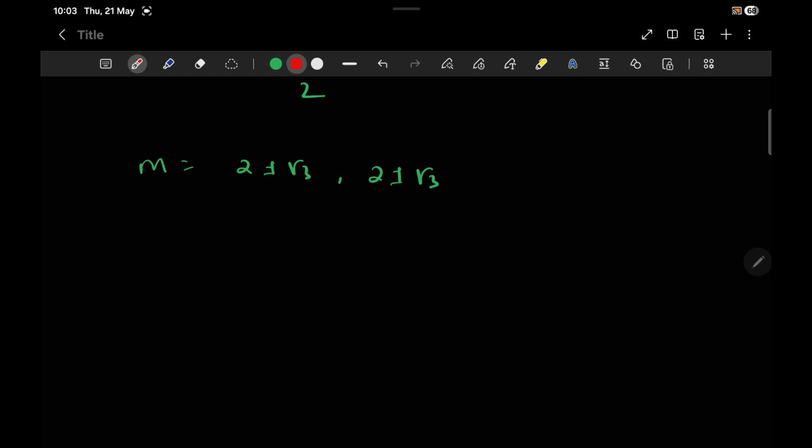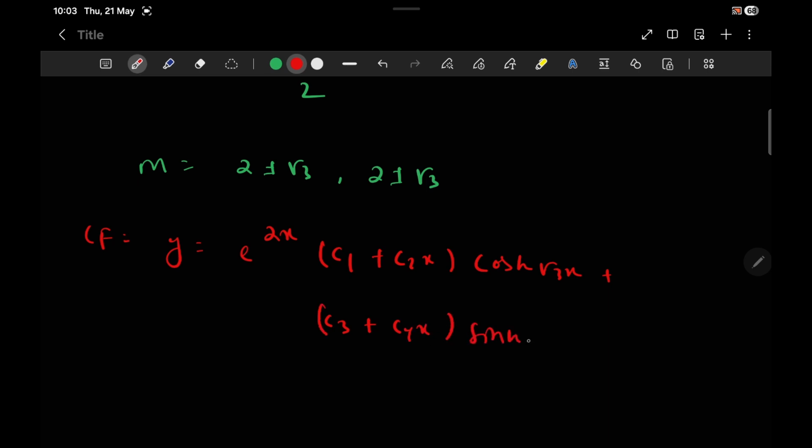So the complementary function will become y is equal to e to the power 2x into (c1 plus c2x) cosh root 3x plus (c3 plus c4x) sinh root 3x.